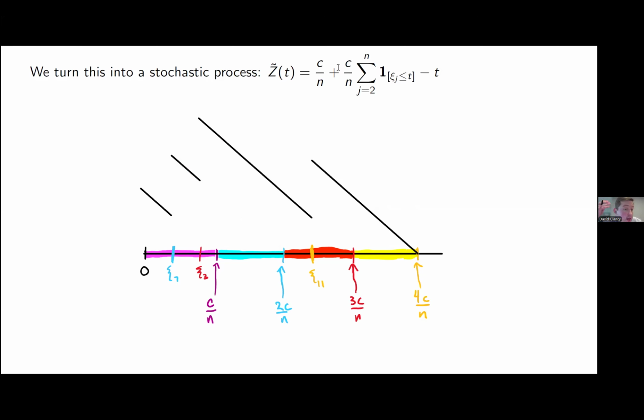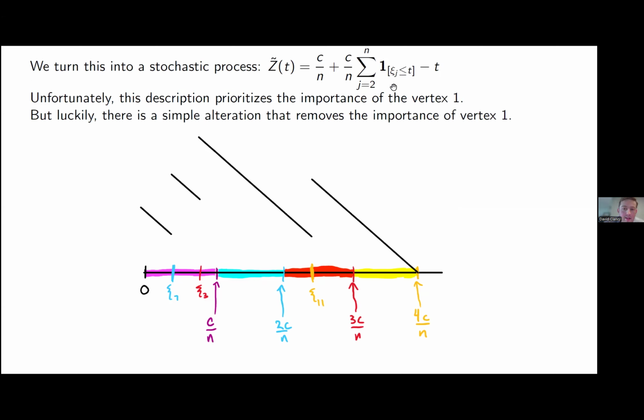So what we can do is forget about that jump and instead look at this sum. Let me go back here. This sum of indicators of these exponential arrivals starts from 2 through n, and it starts at 2 because this c over n corresponds to 1.